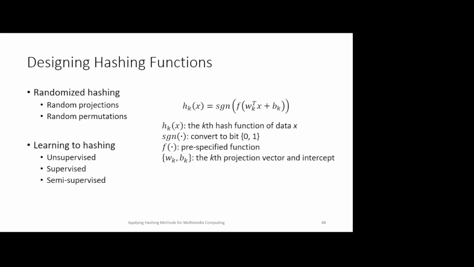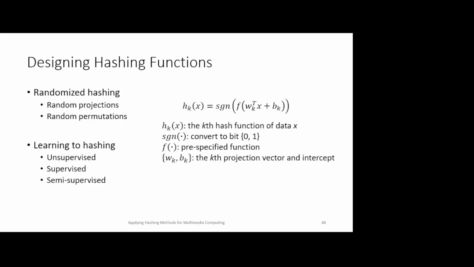A general hash function is expressed like this. Given your data point x, the k-th hash function can be expressed generally like this. The x is a vector, and w you can think of as a weight, or just a hyperplane, the hyperplane parameters.